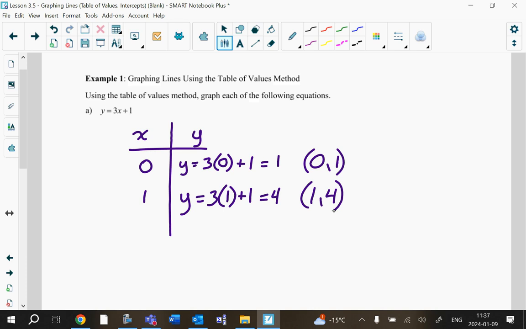That would be enough that I could see the line, but it's common to do one more, just to make sure. What's another easy number to work with? 2. And if I plug 2 in, 7. So that means the third point I found on the line is 2, 7. So I found 3 of the infinite points on the line.